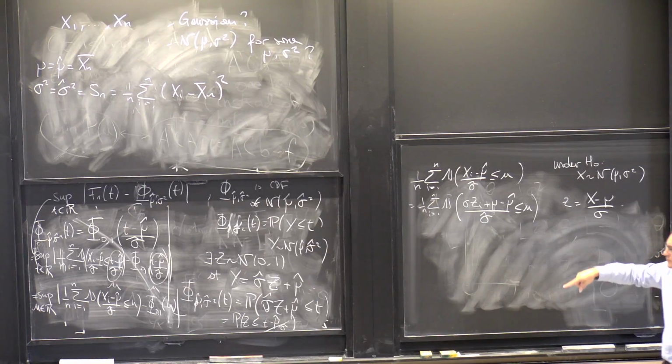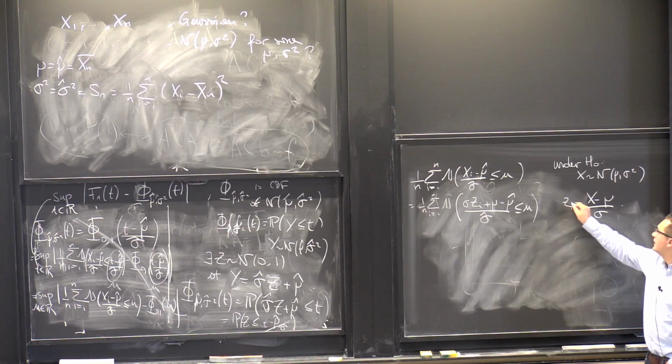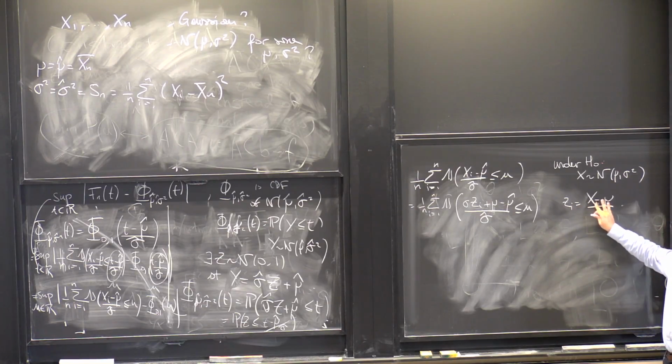That's just the same trick that I wrote here. Everybody agrees? I just standardize. So Zi is (Xi - mu)/sigma.